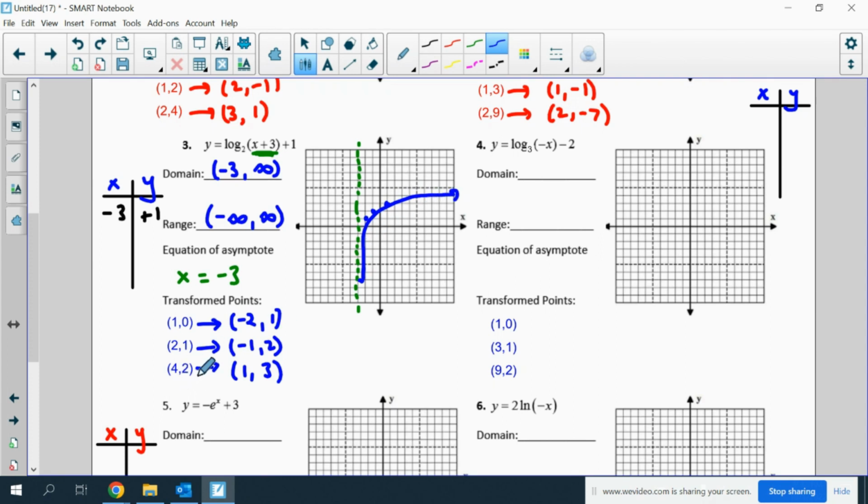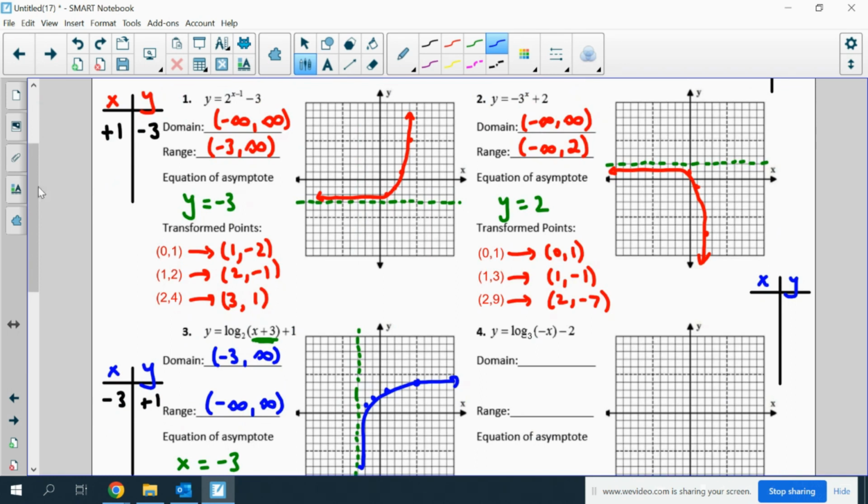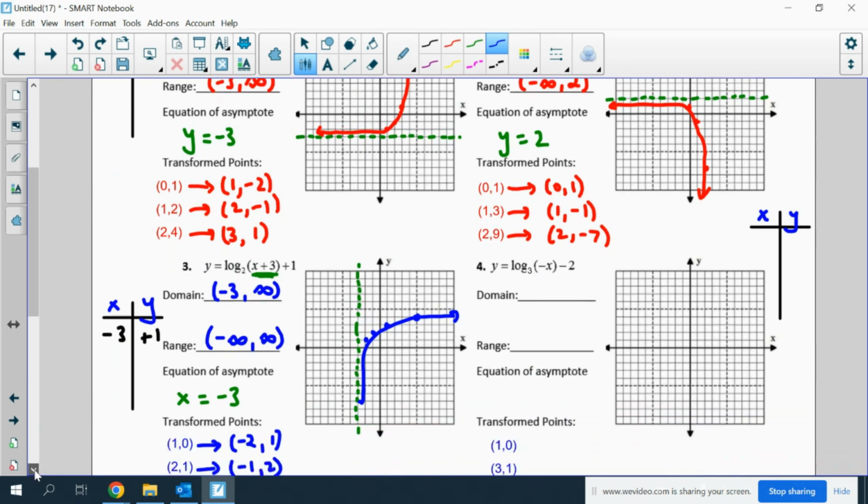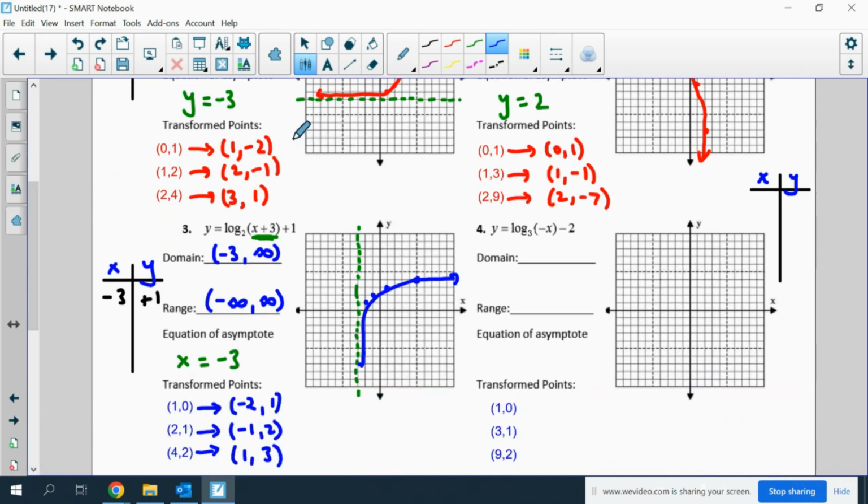If I took 8, 3 and moved that, that would move to 5, 4. And what I may notice about this is that my transformed points in number 1 and number 3 are actually inverses of each other.